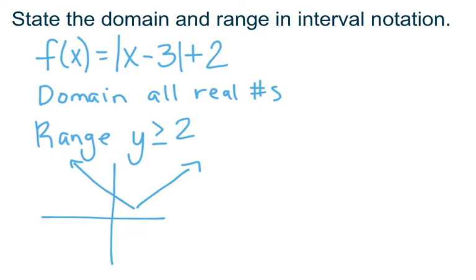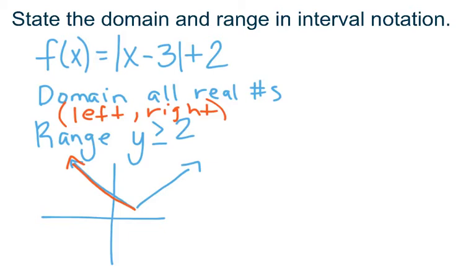So remember, domain, we're going to read from left to right. So that's basically what we're going to do. We're going to say, what's the leftmost x coordinate? If I keep going out here forever, it goes all the way to negative 50 trillion.